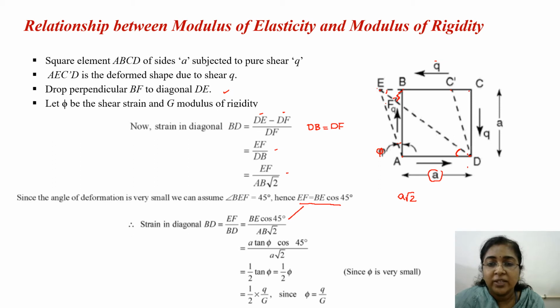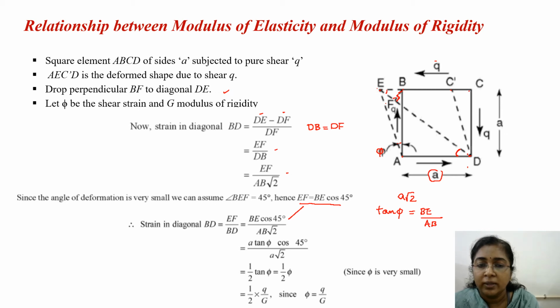And from this figure, this angle is phi. Then we can write tan phi is equal to, which is opposite side by adjacent side, BE divided by AB, or BE is equal to AB tan phi, and we know that AB is the side of the square, or A tan phi.